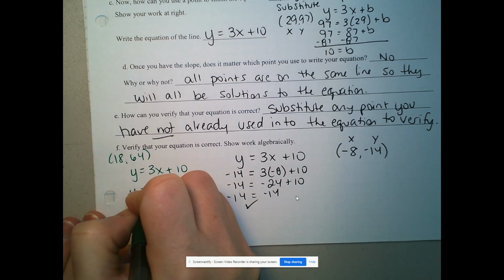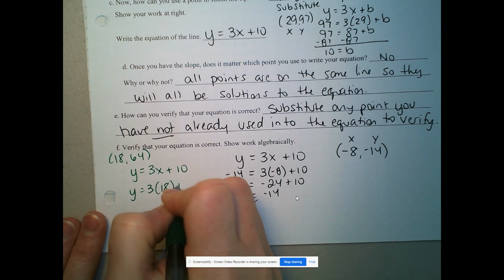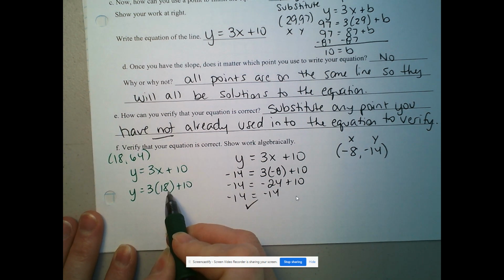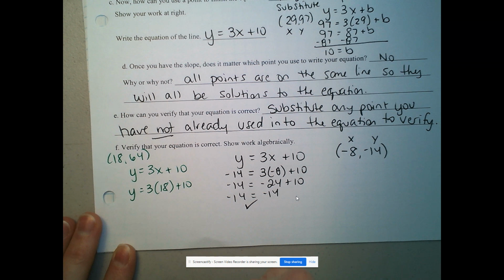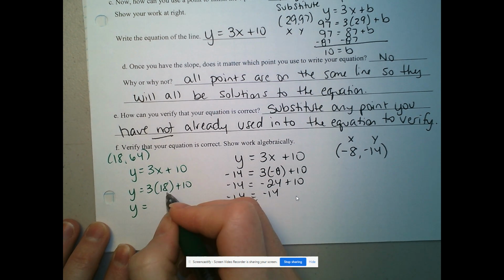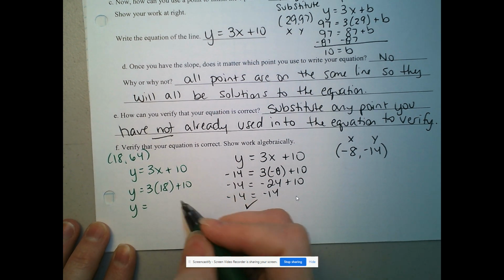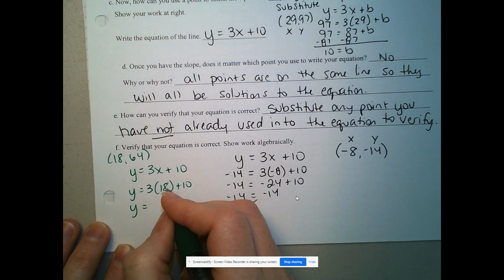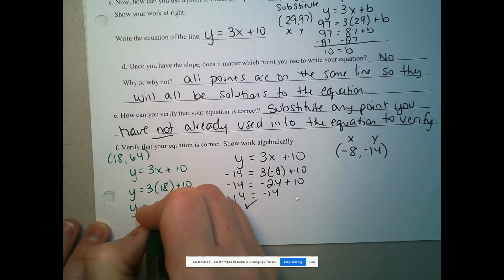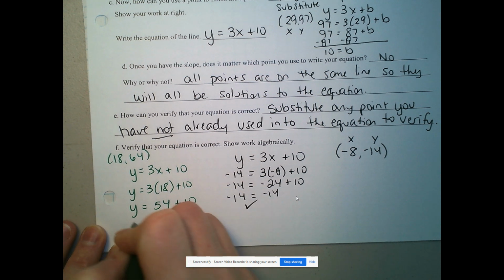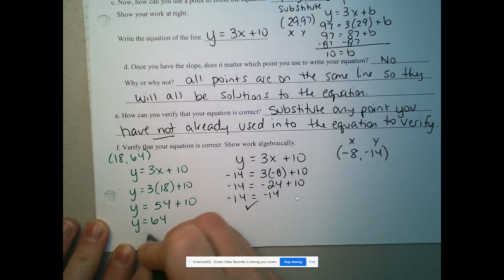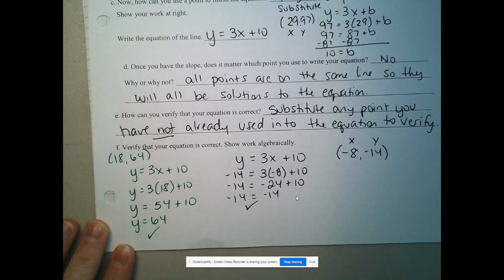So just plug in the x coordinate and say, all right, if I plug in 18 for x, I should get out 64 for y. And I would do 18 times 3, which is 54. So it's 54 plus 10. Y comes out to be 64, which works out because we knew it should be 64.